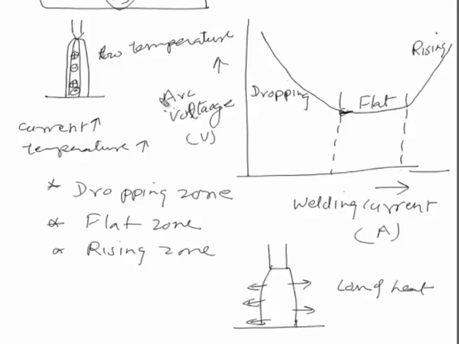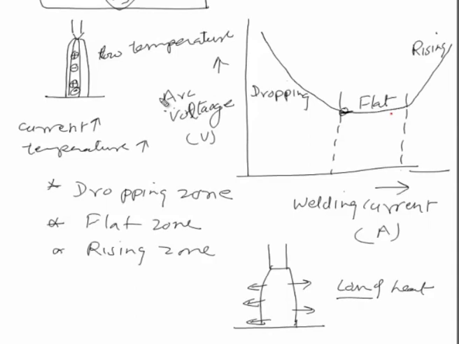That is why, up to a certain extent, an increase in welding current increases the temperature and the particle density in the arc gap, which in turn decreases the arc voltage. But beyond a certain limit, the increase in current starts increasing the size of the arc, which in turn increases the heat losses from the arc zone, and in turn leads to temperature constancy.